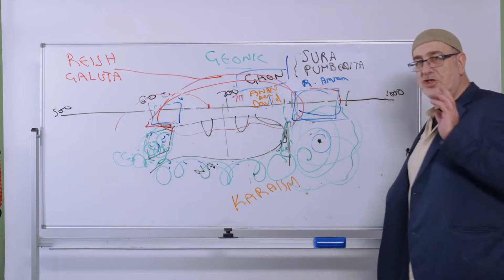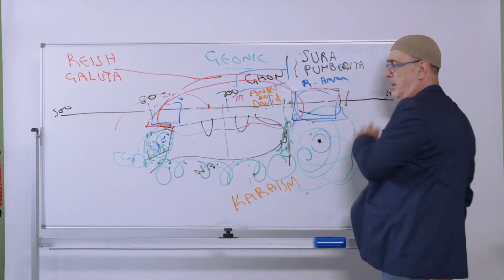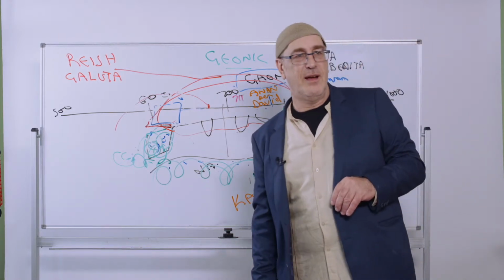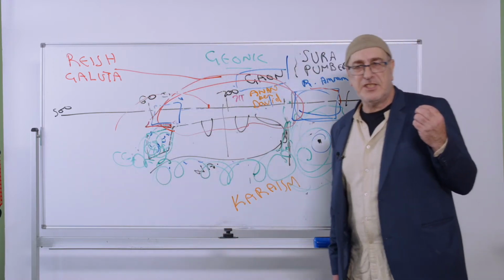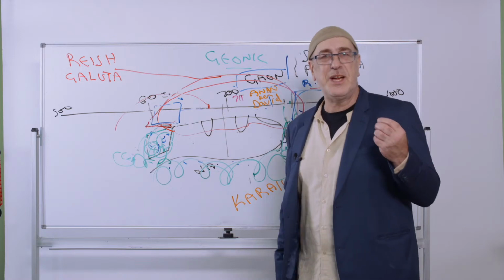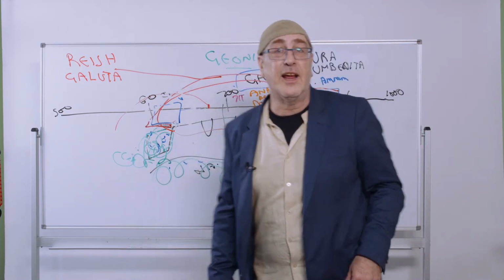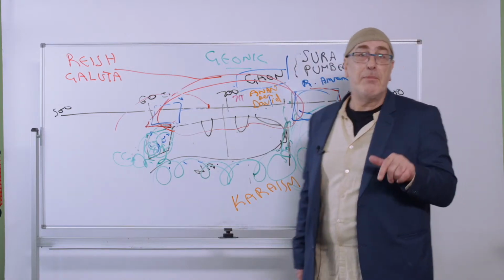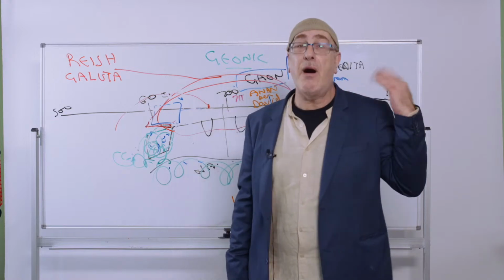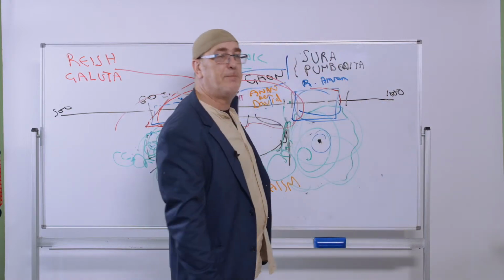Just when Sura and Pumbedita are at perhaps their lowest ebb for hundreds of years, after a glorious history, when the embers are starting to lose some of their glow and we think that the thing is over, suddenly they flare up with probably the greatest mind and contributor of the entire Geonic period.